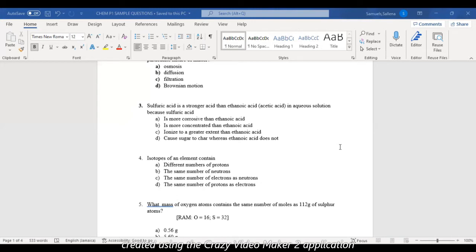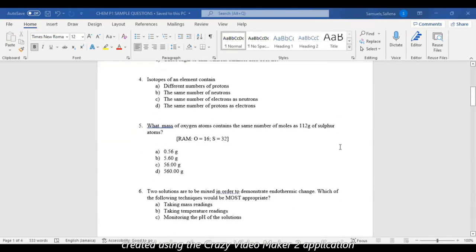The answer is D, the same number of protons as electrons, because isotopes are elements that have the same proton number but different mass number. And the only answer that is reflecting that is D. So we move on to question 5.